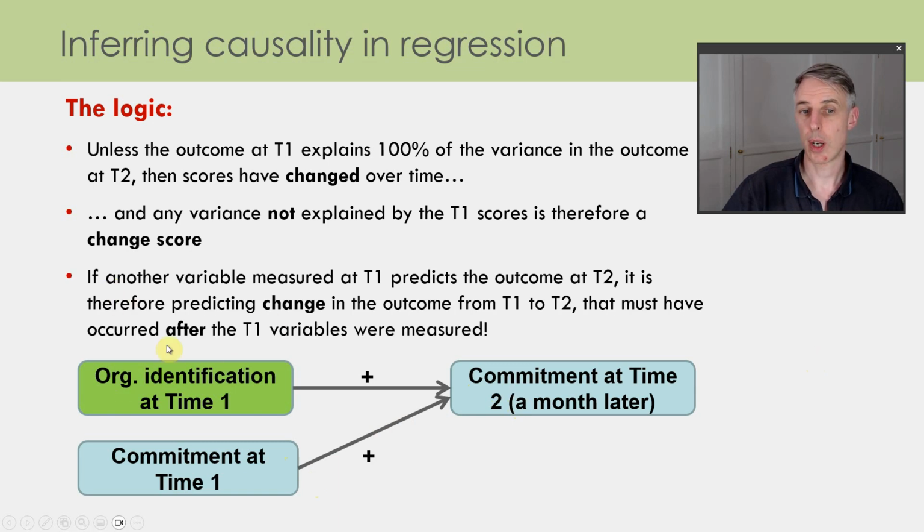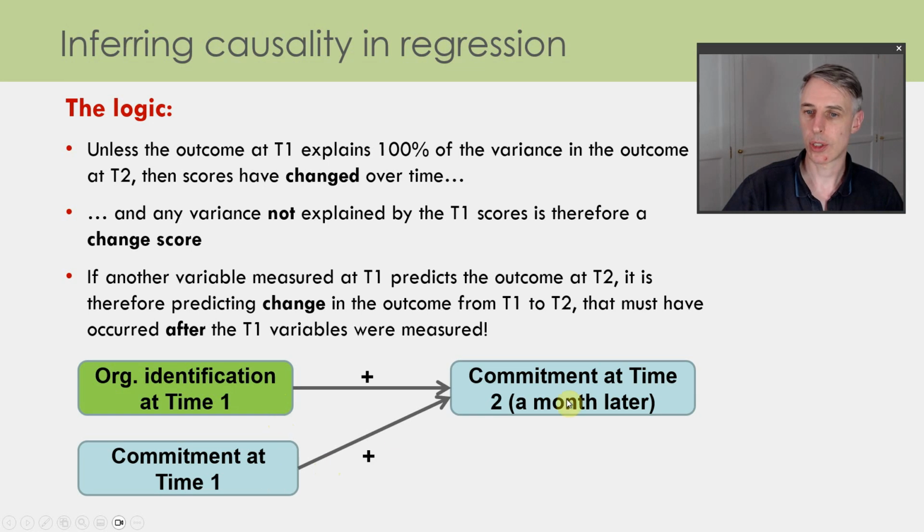Now, this is where adding another predictor at time 1 comes in. If another variable measured at time 1 in this model predicts the time 2 outcome, let's say identification at time 1 predicts commitment at time 2, what it's doing is predicting change in the outcome, commitment, from time 1 to time 2, and that change must have occurred after the time 1 variables were measured. So that's the key thing.